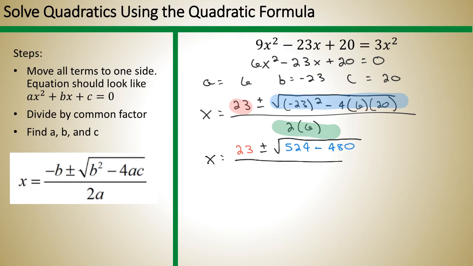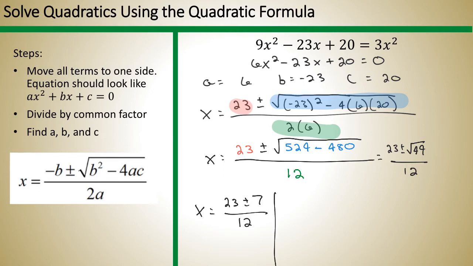And that is over 2 times 6, which is 12. So let's simplify the inside of the radical. That's going to be 23 plus or minus root 49 over 12. So now we have x is equal to 23 plus or minus 7 over 12.